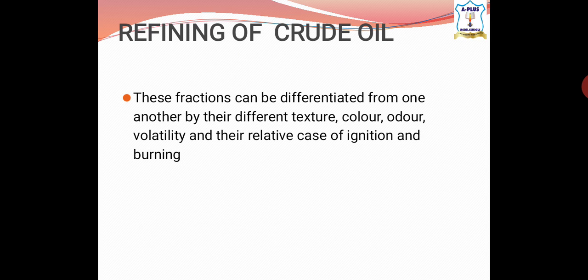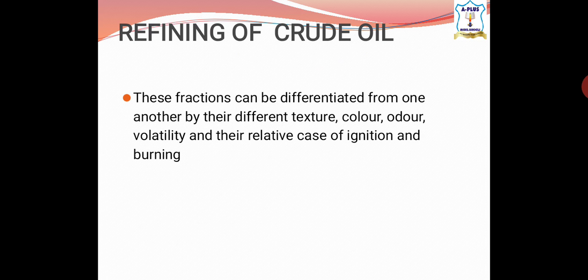The way you perceive the odor of diesel is different from that of petrol, kerosene, and gas. The volatility, that means the way they escape into the atmosphere, the way they evaporate, is different. If you release gas here, it will evaporate easily, but that will not happen with petrol or kerosene.